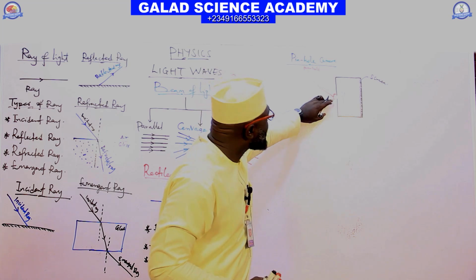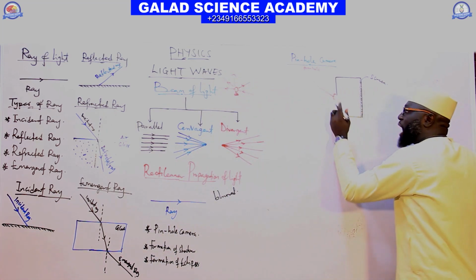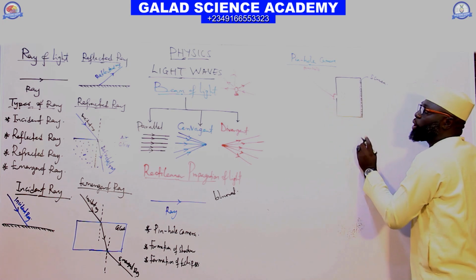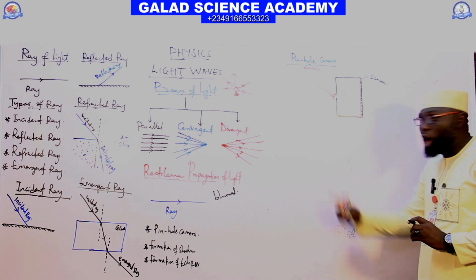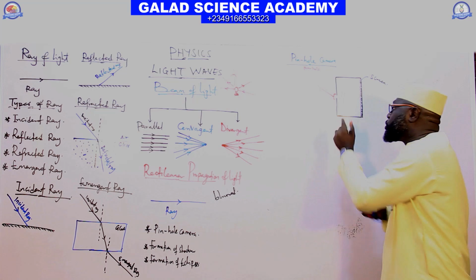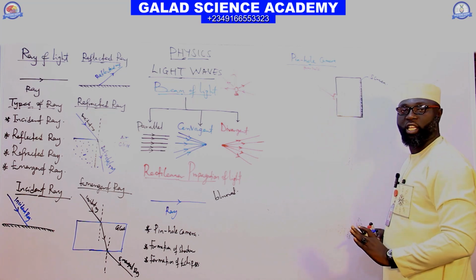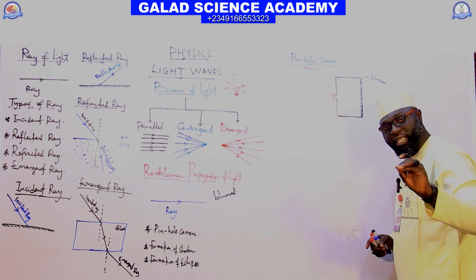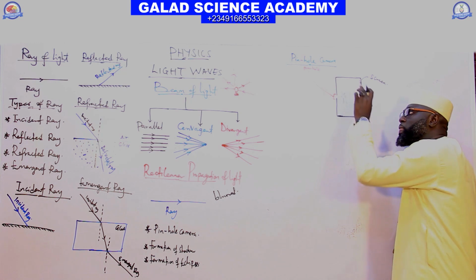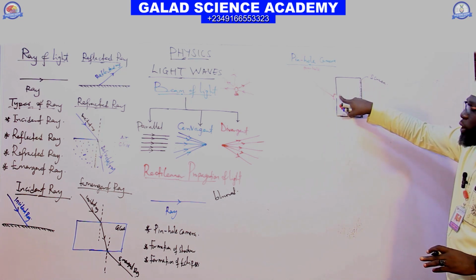So a large hole in the camera can lead to a blurred, dull image; the image will not be sharp. But if the hole of the camera is small, it gives us a sharp and clear image. So the sharpness of the image depends on the size of the hole.